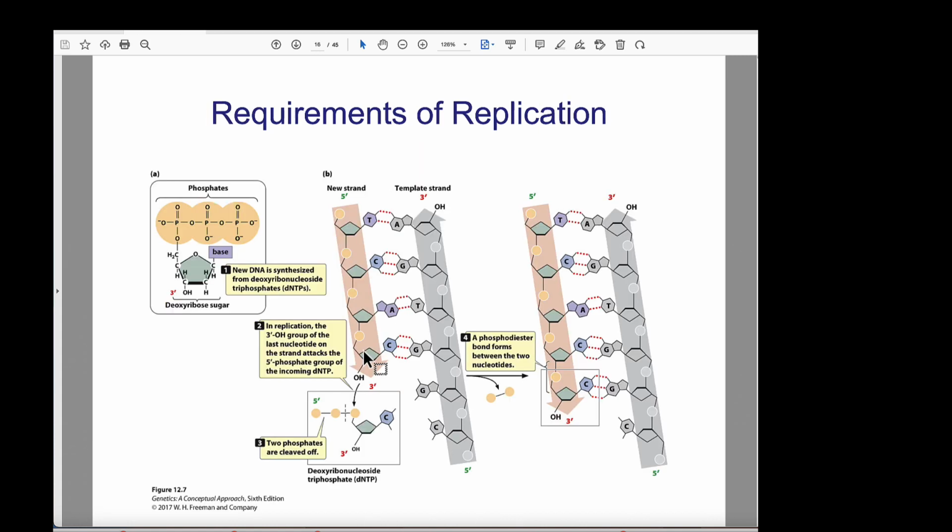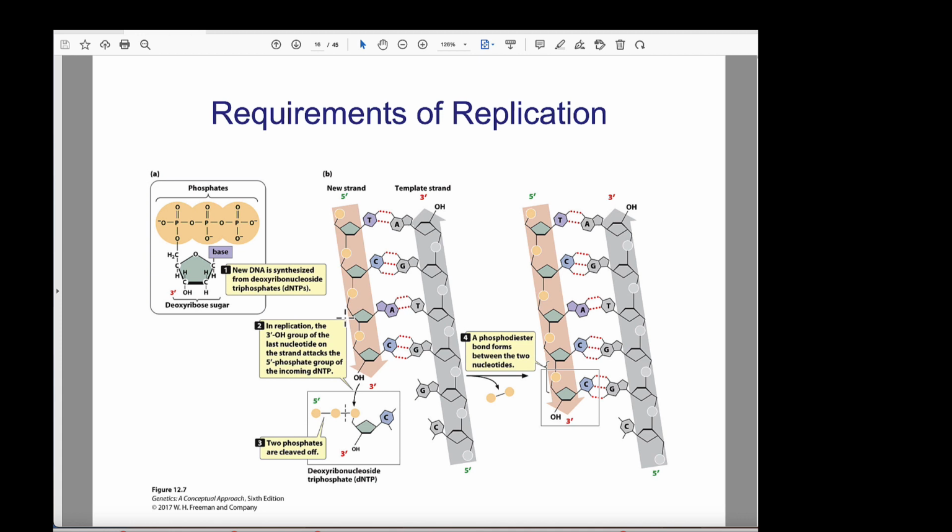So let's visually look at the requirements in action. Here you have your template strand in gray. This is a nucleotide: a sugar, phosphate, and a base. Sugar, ribose, phosphate, and a base. That is your nucleotide. To show you a little bit up close, here are your phosphates, there's your sugar, and then your base.